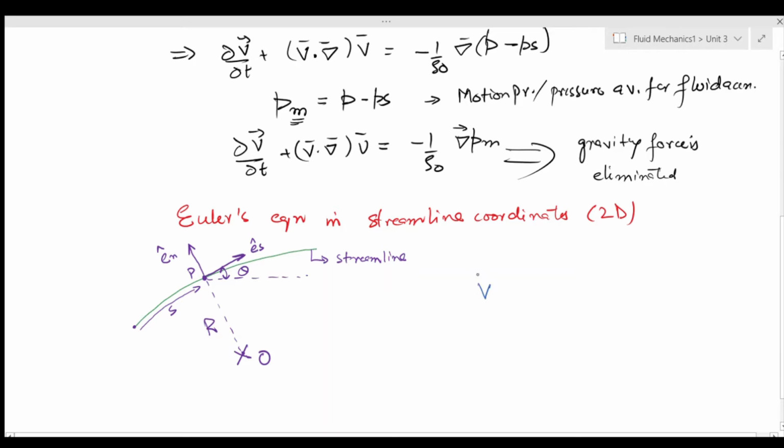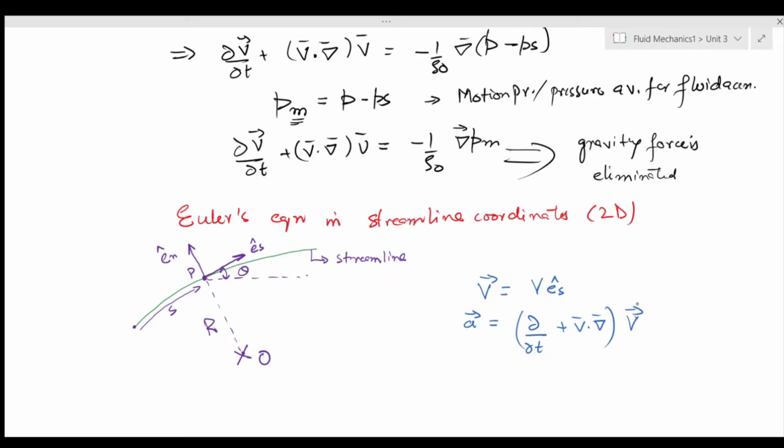So velocity v of this particle, fluid particle, would be the magnitude times Es. I know about my acceleration. Acceleration would be del by del t plus v dot del v. This is my acceleration, I know about it.